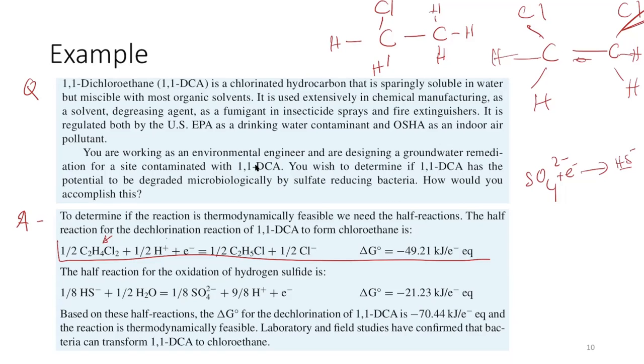So now you know a couple of things. For this reaction to happen, you need to have electrons and you need to have protons. So these electrons, somebody has to give those electrons. So you need a reaction that can give those electrons away.